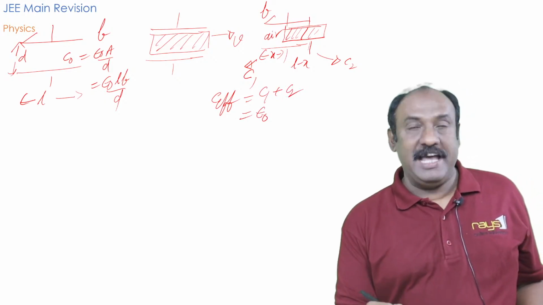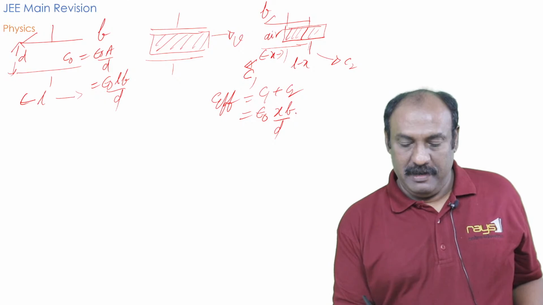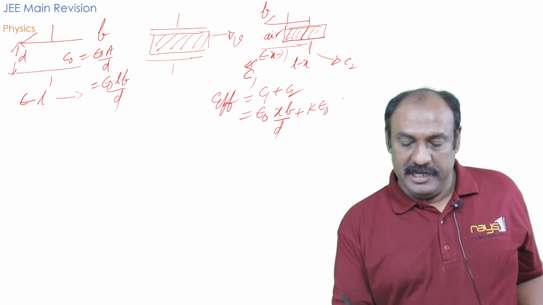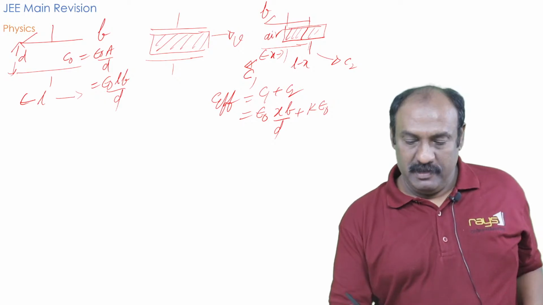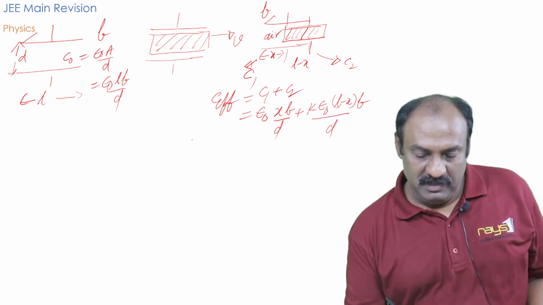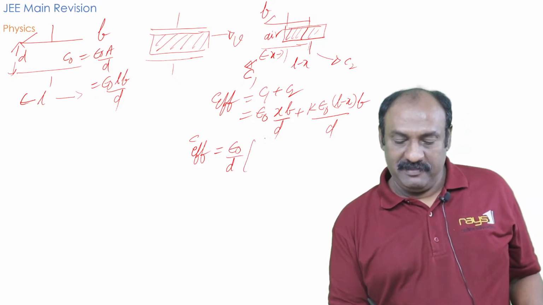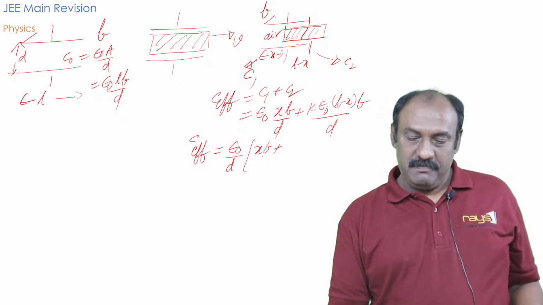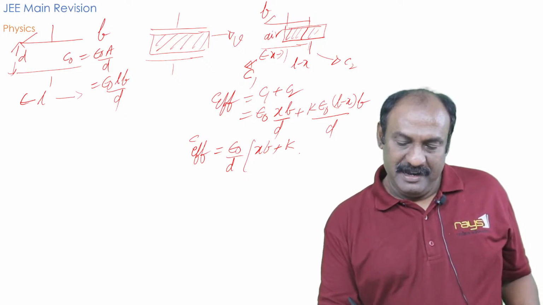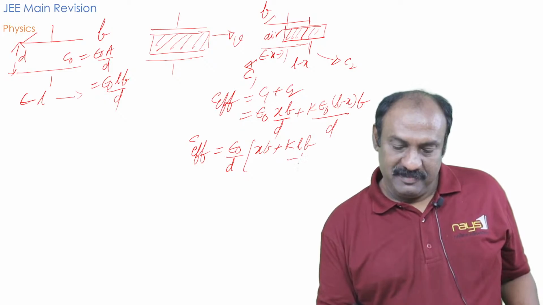What is C1? Epsilon naught into, for air filled, length into breadth, x into B, by distance D, plus the second capacitor, which is filled with the dielectric: K into epsilon naught into length L minus x, breadth B, by D. So, C effective is equal to epsilon naught by D into XB plus K into LB minus K into XB.